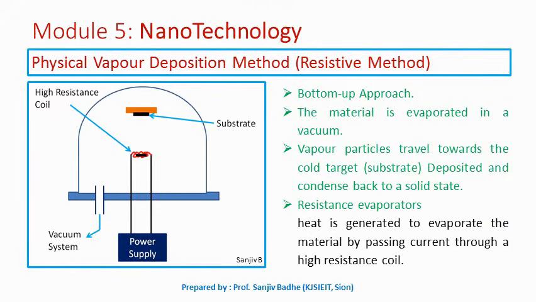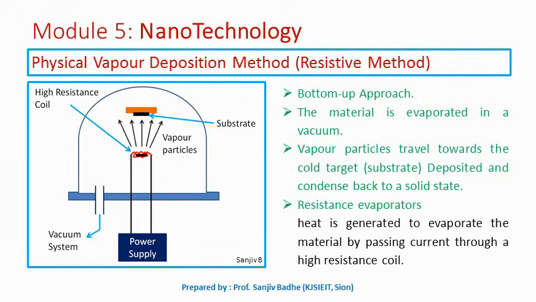So in vapor deposition method, the material is evaporated inside the vacuum. Why inside the vacuum? In order to avoid the impurities. So the entire assembly will be kept inside the vacuum. So all the air from this chamber is taken out, so that there will be no air molecules that will get deposited on this substrate.